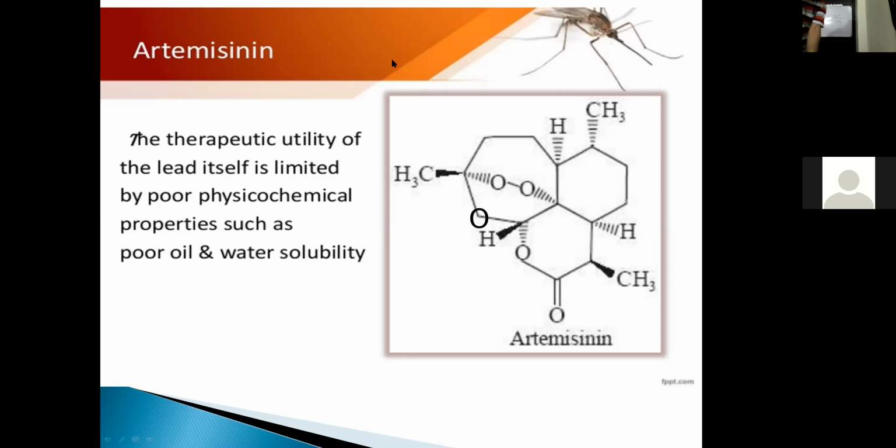So this is the structure of your artemisinin.